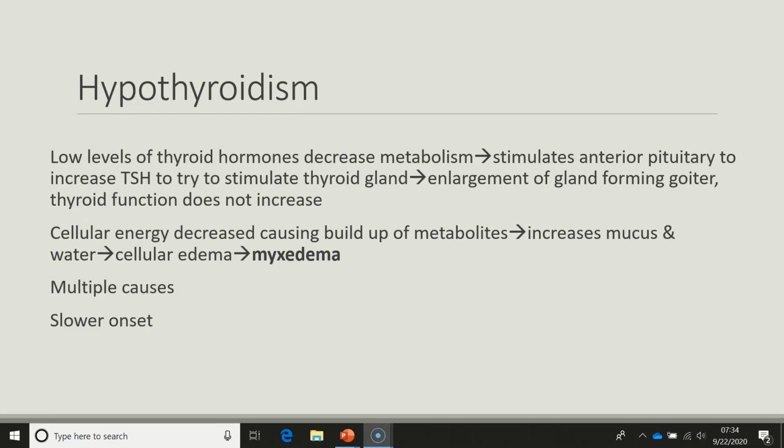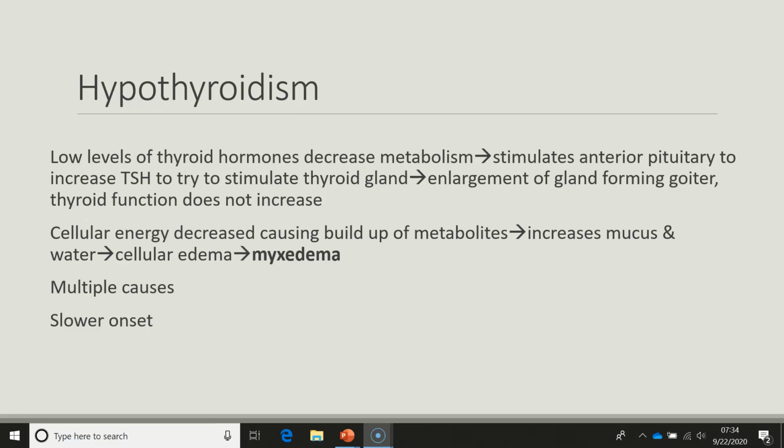Hypothyroidism is the low level of thyroid hormones, causing a decrease in metabolism. It stimulates the anterior pituitary gland to increase TSH to try to stimulate the thyroid gland. You see enlargement of the gland forming a goiter. The thyroid function does not increase though.